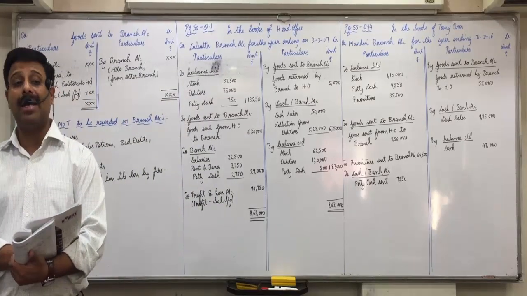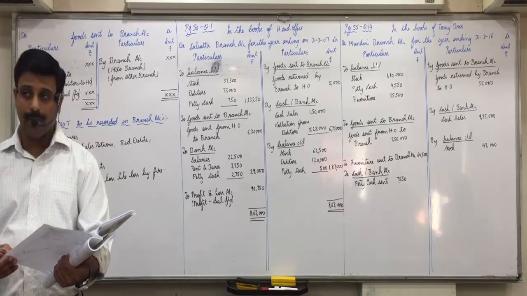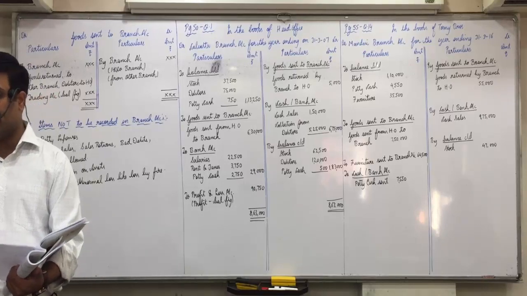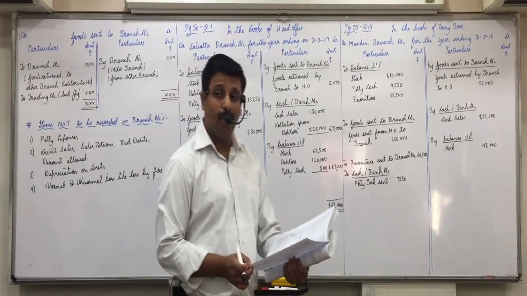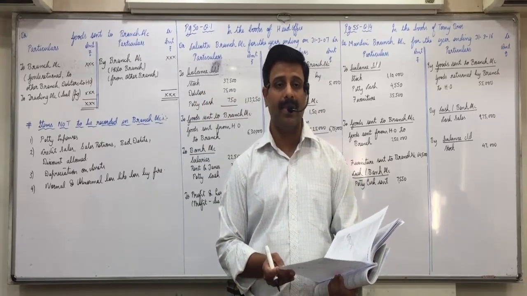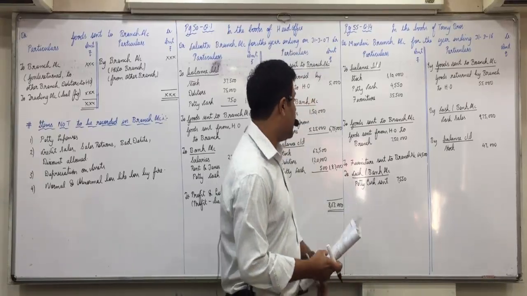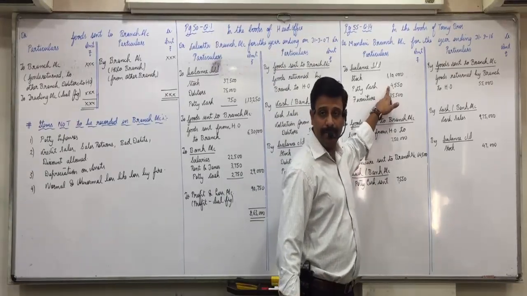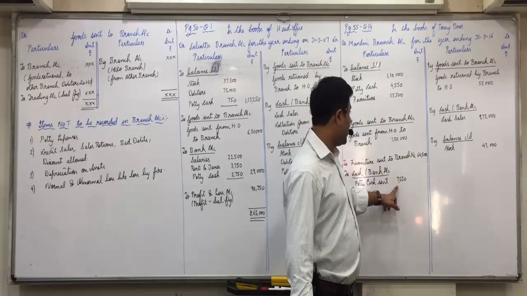Now, what was the opening balance of petty cash? 4,550. Put it in the calculator. Plus, how much is petty cash sent by the head office? 7,550 added. It means they already had 4,550 plus head office sent them 7,550.